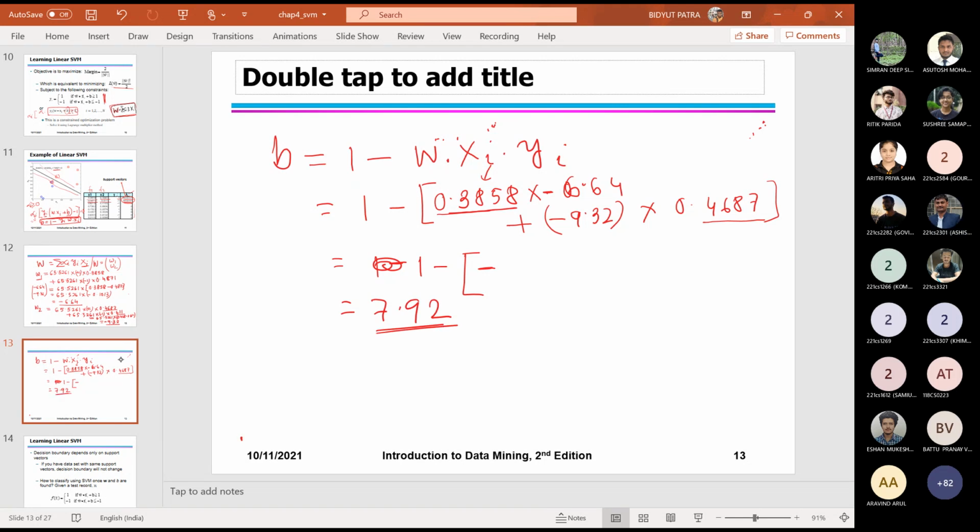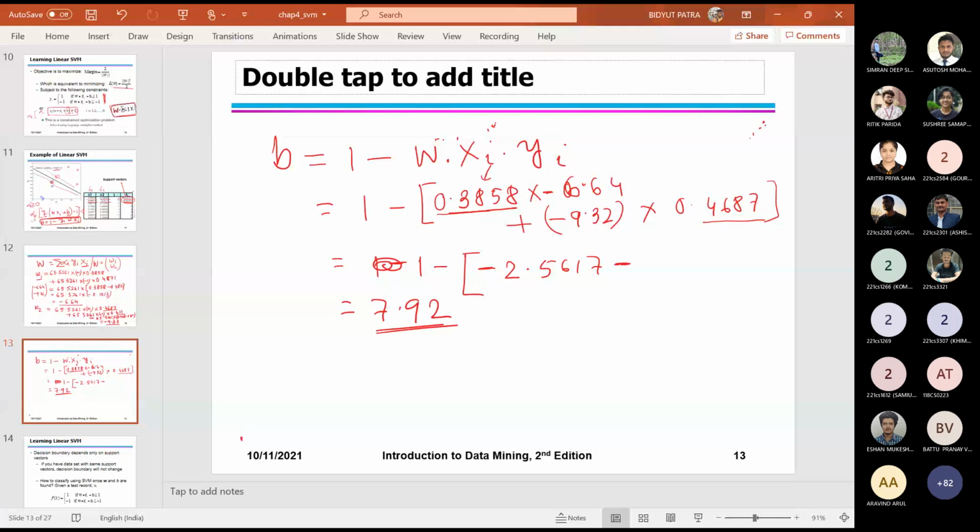How much is it coming? 1 minus 0.38 into 6.64 multiplied into 6.64 into 0.3858. So this is coming 2.5617. So this is also minus.